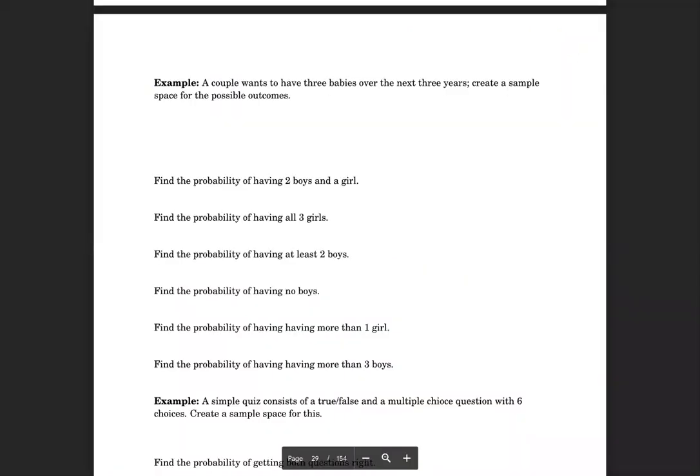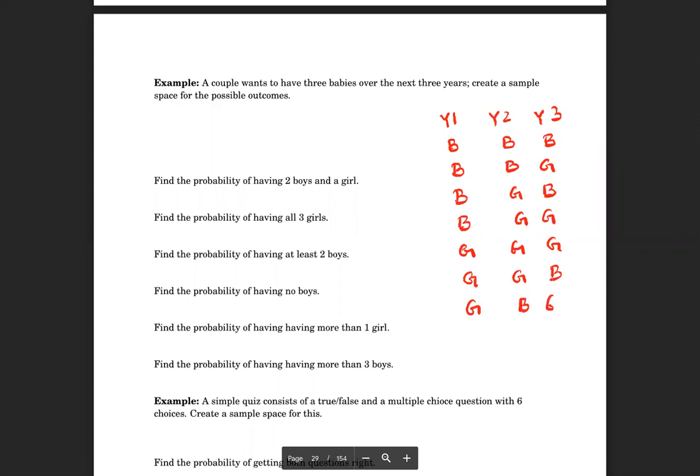So year 1, year 2, year 3: boy, boy, boy, boy, boy, girl, boy, girl, boy, boy, girl, girl, girl, girl, girl, girl, girl, boy, girl, boy, girl, and girl, girl, girl, boy, and boy. So that's what it is going to be.